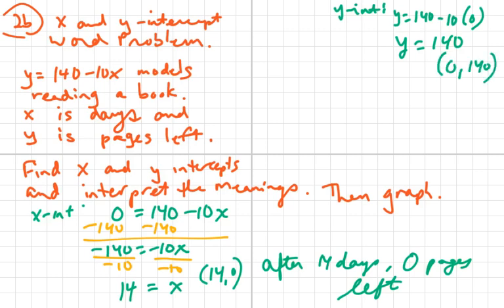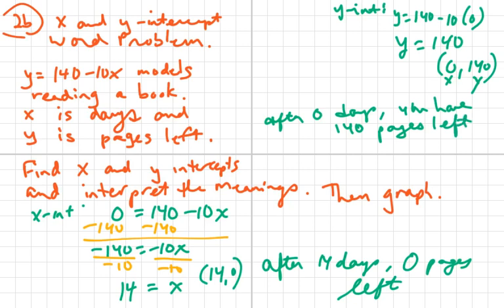So what the heck does that mean? So again, 0's x, 140 is y, x is days. So after 0 days, you have 140 pages left. Or the book is 140 pages long, and it takes 14 days to read it.